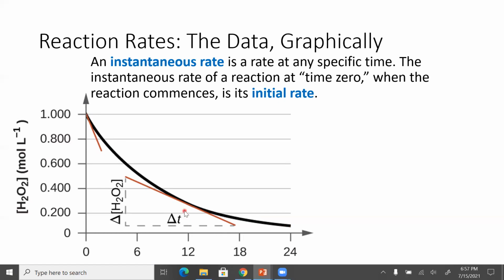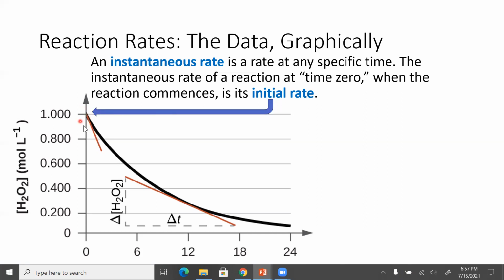Now, if we wanted to look just at 12 hours and find what the rate is at 12 hours, that would be an instantaneous rate. And if we wanted to talk about the rate right at time equals 0, just as the reaction's beginning, this would be the specific instantaneous rate that we call the initial rate.